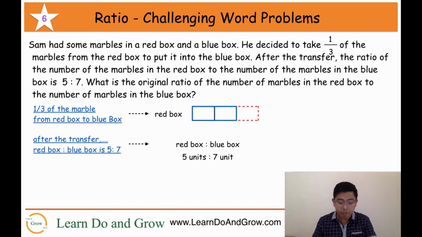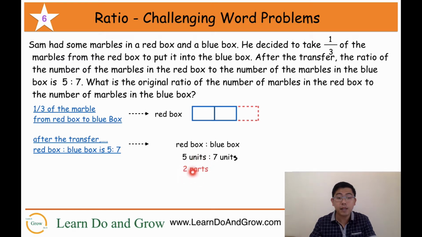So over here, 5 to 7, so over here is 5 units to 7 units. Okay, next, remember this 5 units is after the transfer, but what about this 2 part? Where does it come from?